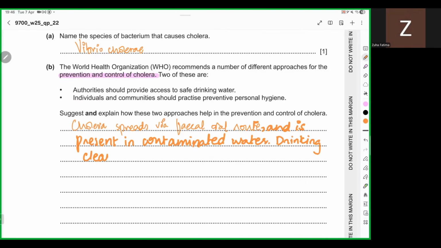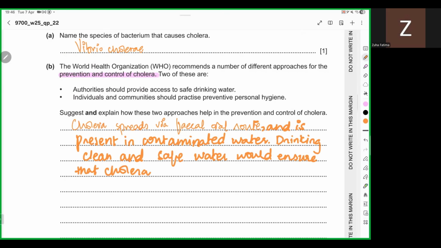Drinking clean and safe water would ensure that the bacterium causing cholera is not ingested.